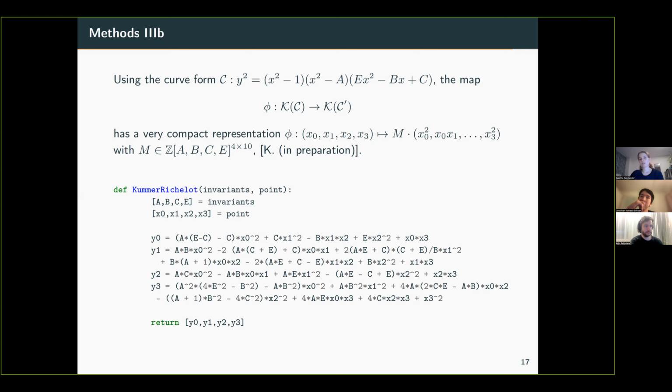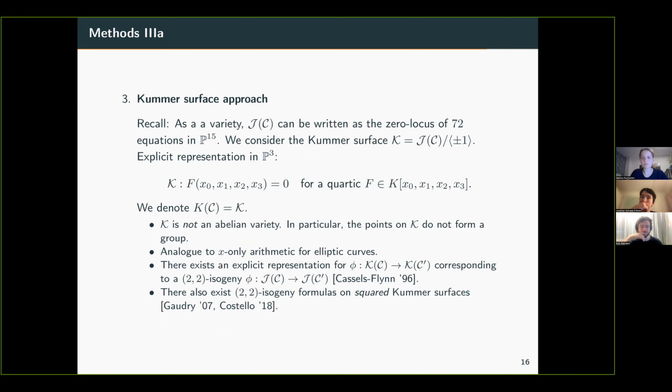But for example, this Kummer surface approach also works for 3,3 and 5,5 isogenies. For 3,3 isogenies, it was done explicitly by Brun, Flynn, and Testa in a work, and there they also specialized to a specific curve form and deduced formulas for 3,3 isogenies on the Kummer surface.